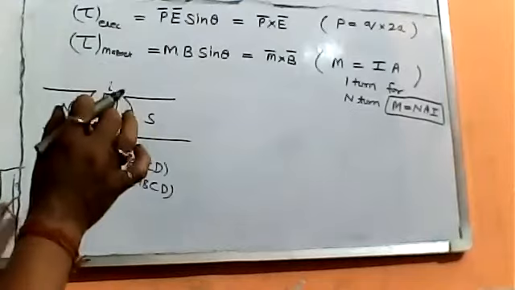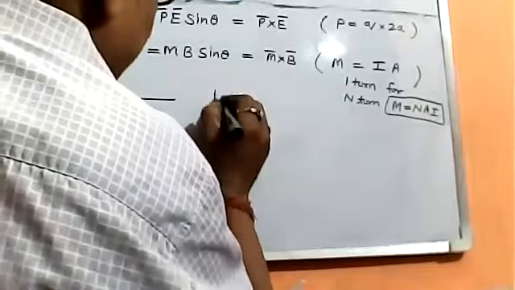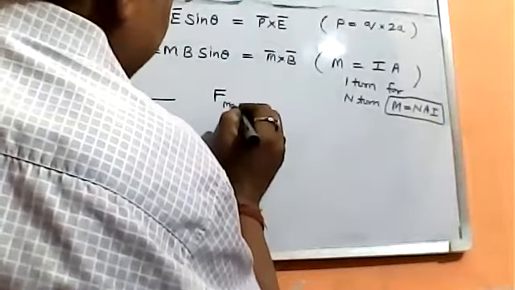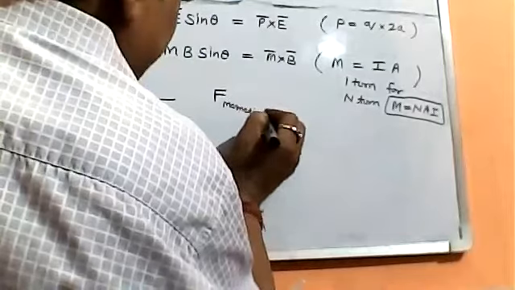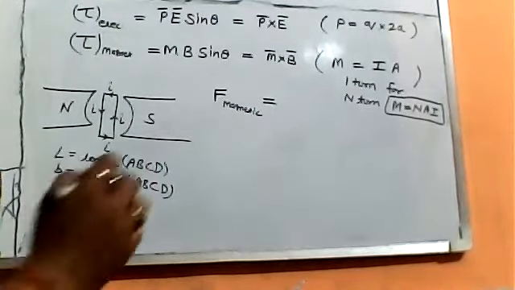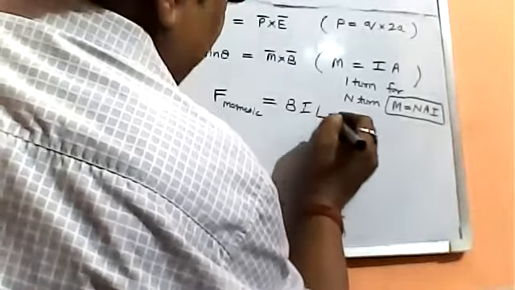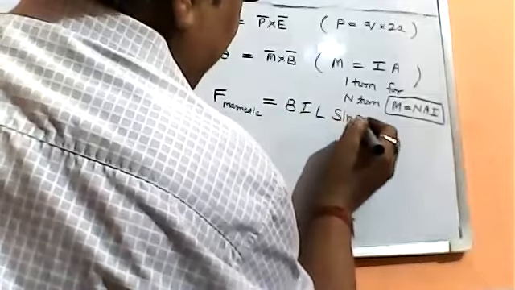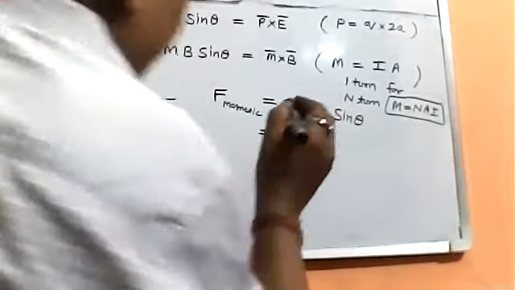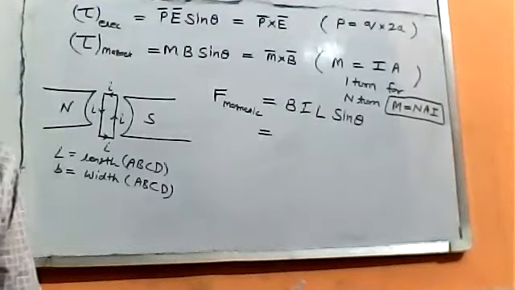So this conductor is not moving. It is in rest position. Current I is flowing in the conductor. The magnetic force acting on the conductor is given by the formula F equal to B I L sin theta. What is B? B is the magnetic field. I is the current through the conductor.